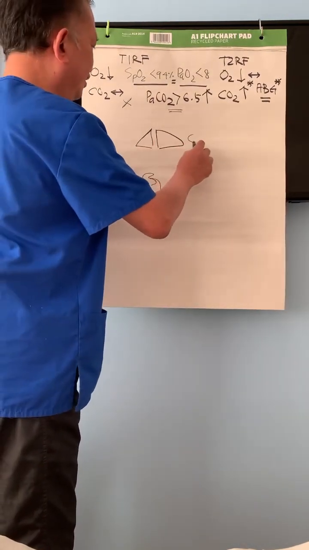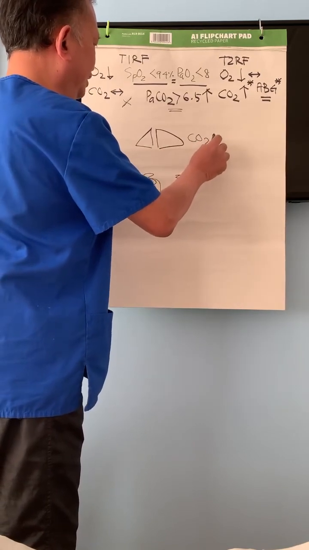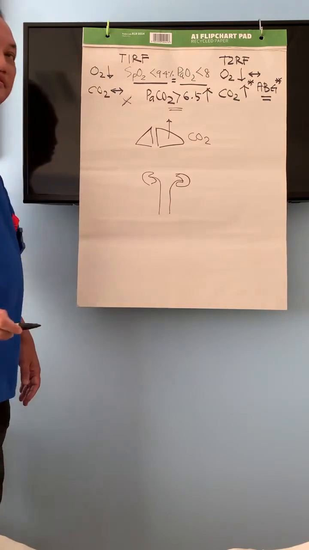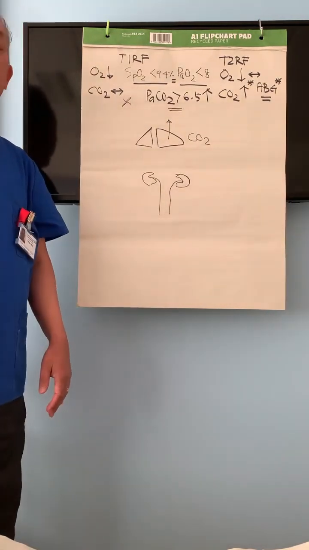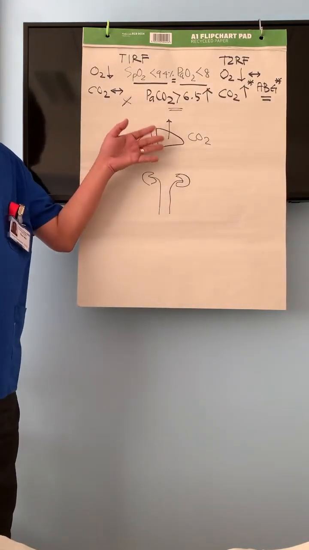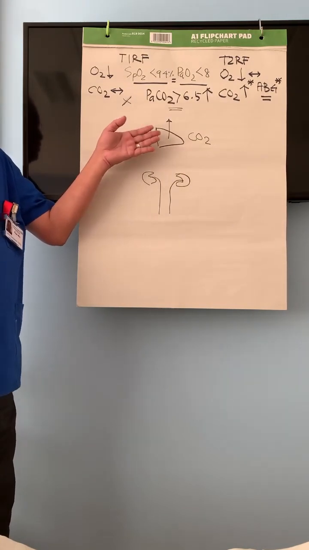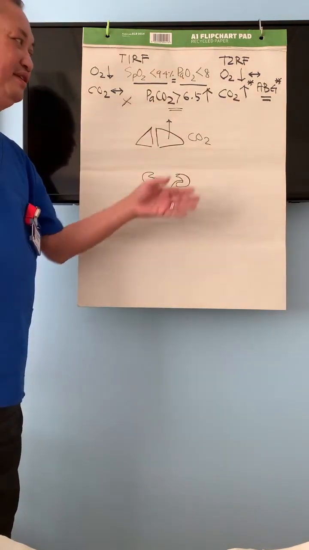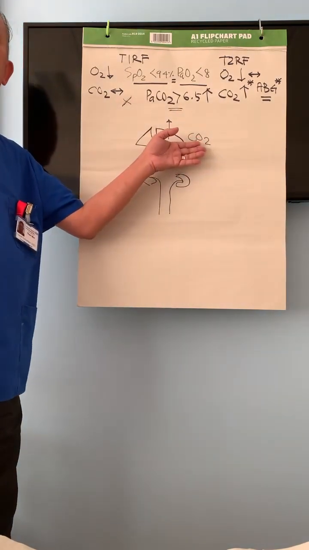So carbon dioxide retained in the body goes out from the lung. We all know that. Someone who cannot exhale the carbon dioxide from the body, carbon dioxide is retained in the body.